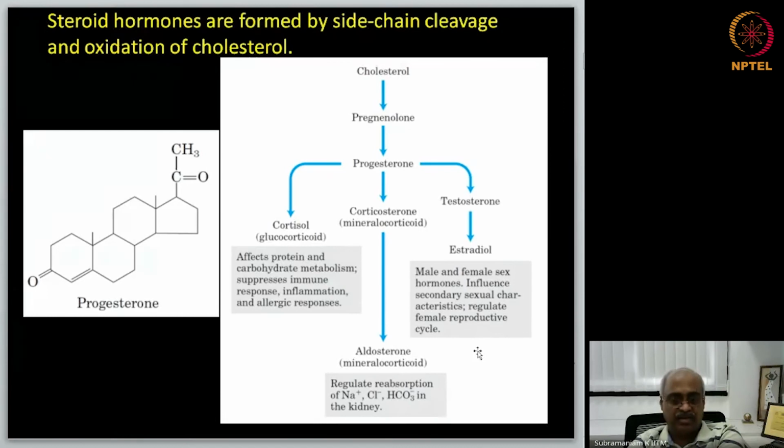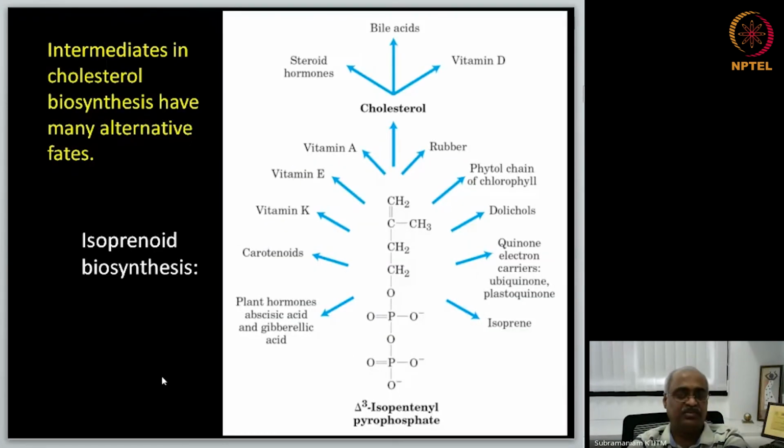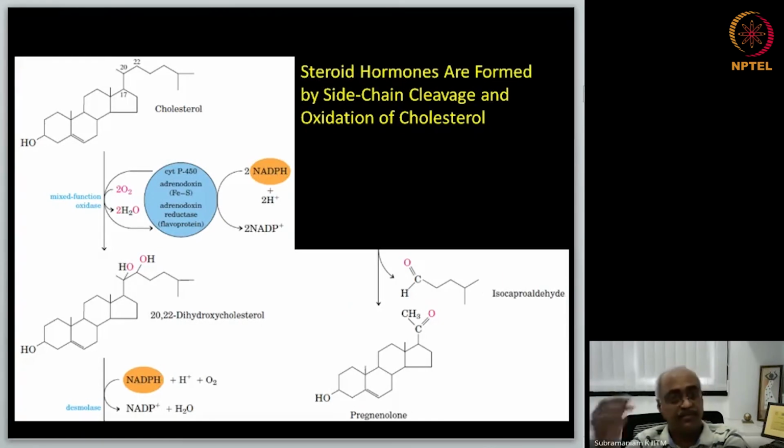And along with progesterone, they are also involved in regulation of the female reproductive cycle. So steroid hormones are derived from cholesterol as the precursor. And how are they produced from cholesterol? That we see in the next slide. Oops. Yeah, here.